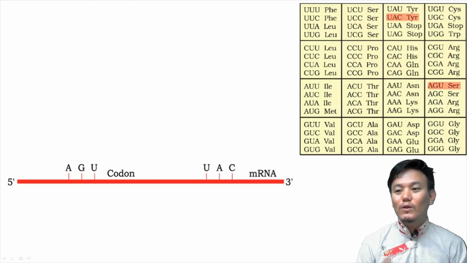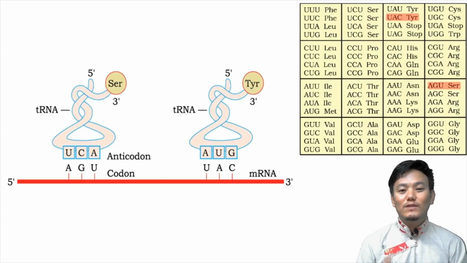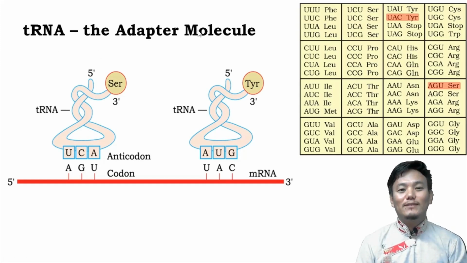Between codon and the amino acid, between AGU and serine, there should be one adapter molecule. And that adapter molecule is nothing but transfer RNA, tRNA. tRNA acts as the adapter molecule between the codon and the amino acid which it codes for.